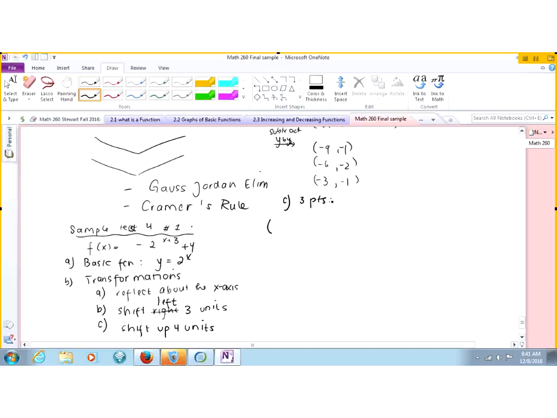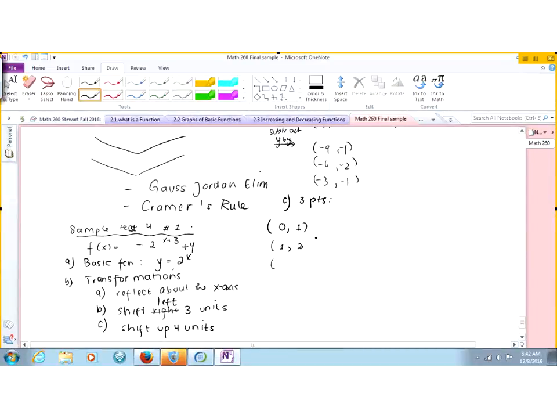What are the 3 points on y equals 2 to the x? Yes, 0. 2 to the 0 is 1. 2 to the first power is 2. And then what?